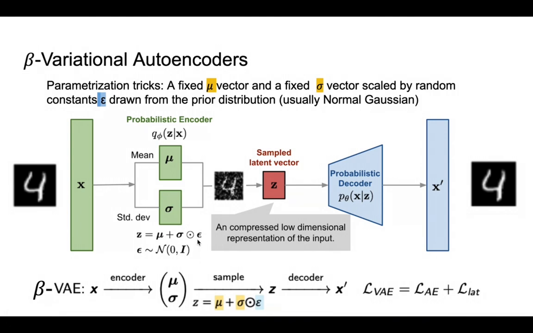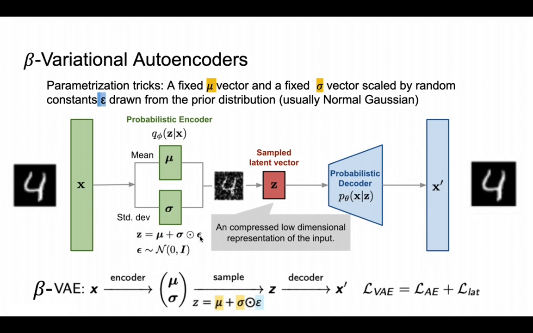Here, there's a trick introduced to parameterize this Gaussian smearing. A fixed mu vector and a fixed standard deviation vector can be scaled by a random constant epsilon drawn from a prior distribution. And this prior distribution is usually chosen as a normal Gaussian. That is, the mean is centered at 0 and the width of this scaling function is unity.